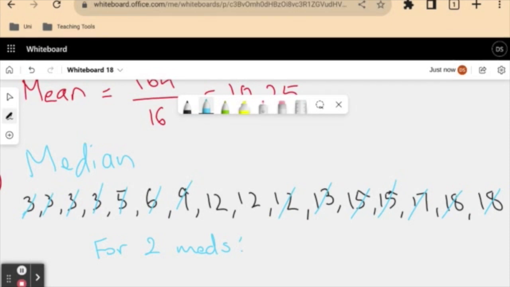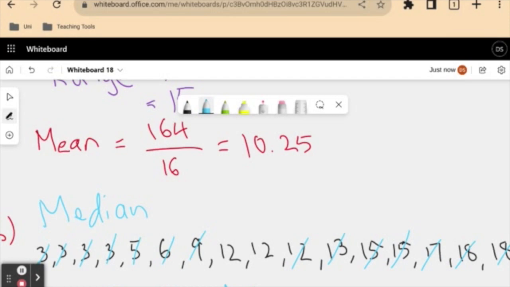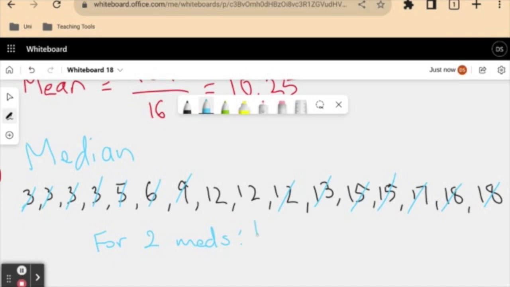And a useful tool for this is averaging out. Just taking the average of these two numbers is roughly going to be the middle. And we can do this by adding our 2 medians and dividing them by 2.